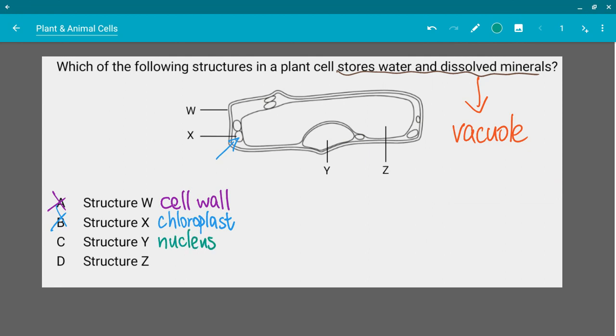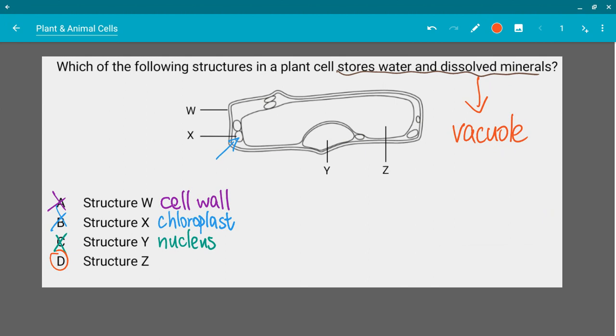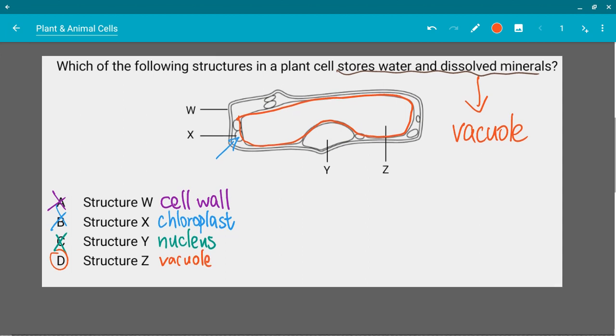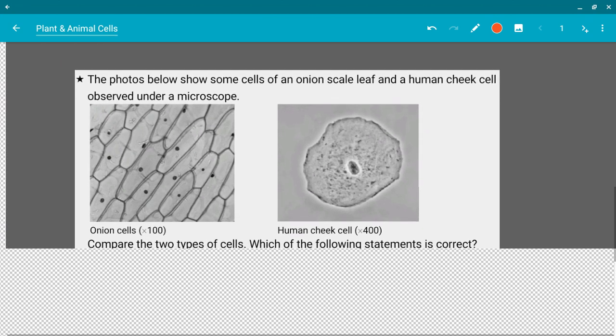So structure Y is also wrong. And finally, structure Z is the vacuole. This is structure Z. This is the vacuole. Okay. Let's move on. Let's look at the next question.